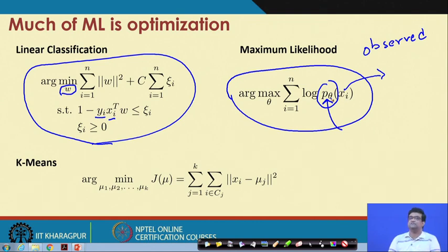For example, in case of logistic regression, the parameters happen to be the weight vectors, and then you calculate what is called the log likelihood, which is a function of the parameters but also a function of the input data set of size n.